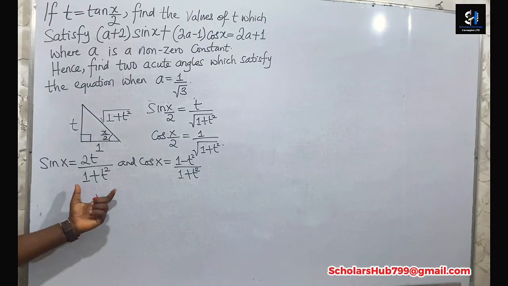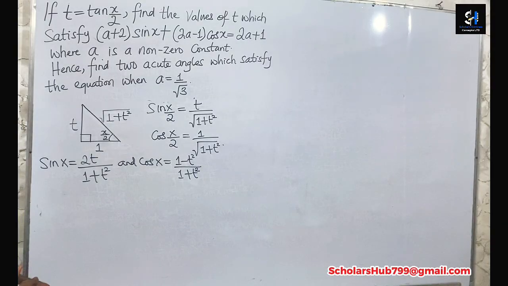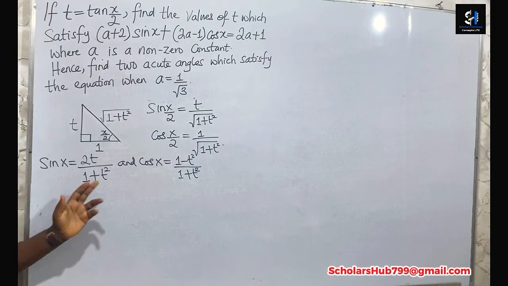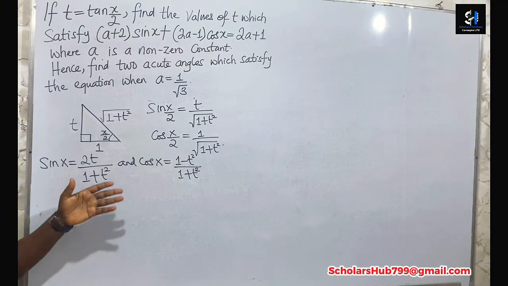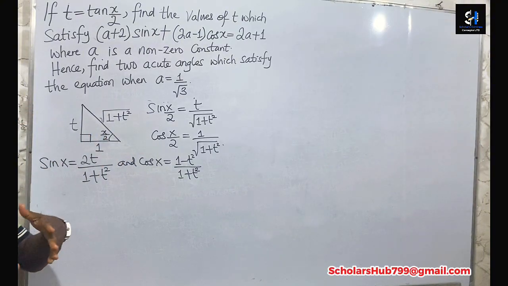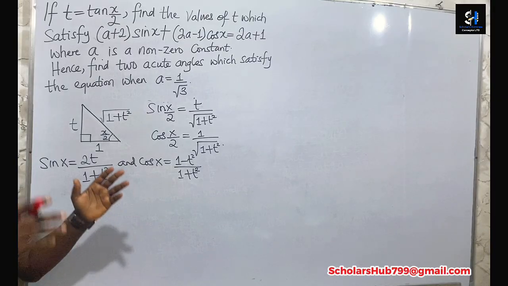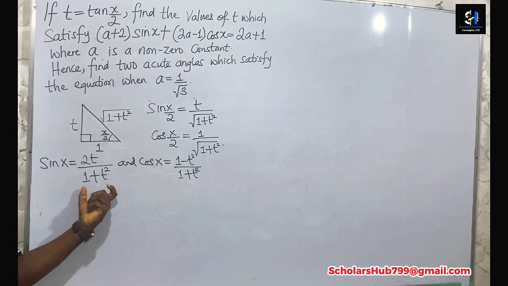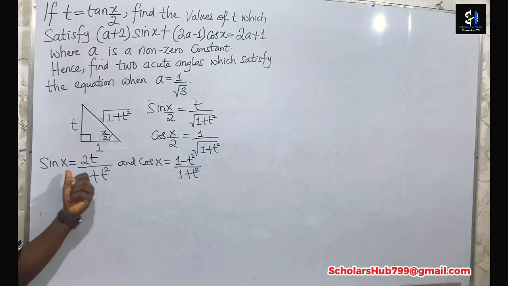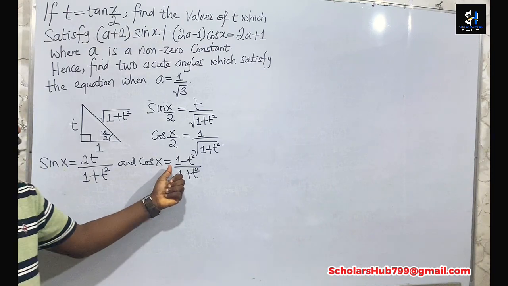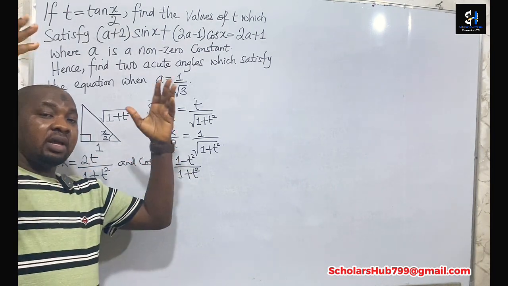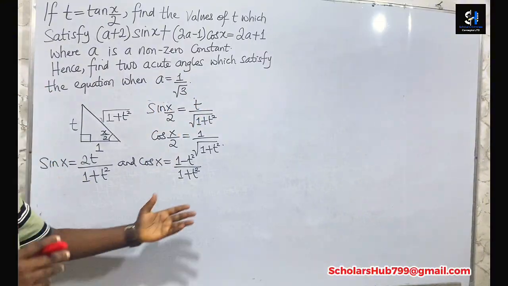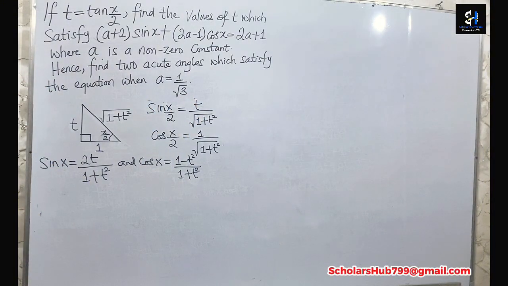Even from the trigonometric identities, we know that 2 tan x over 2 divided by 1 plus tan x over 2 squared is equal to sin x, and for cos x, it is 1 minus tan x over 2 squared, divided by 1 plus tan x over 2 squared.